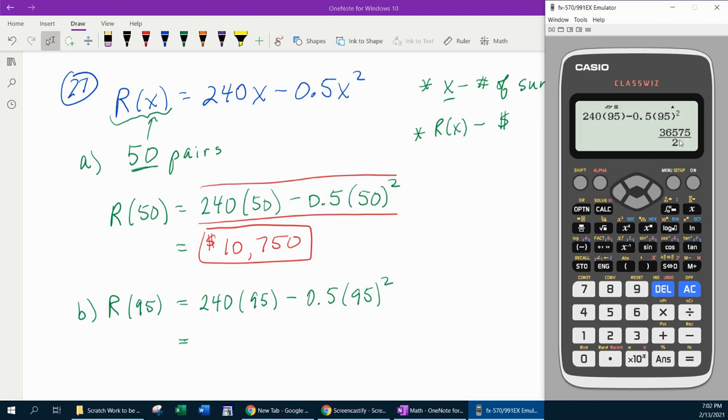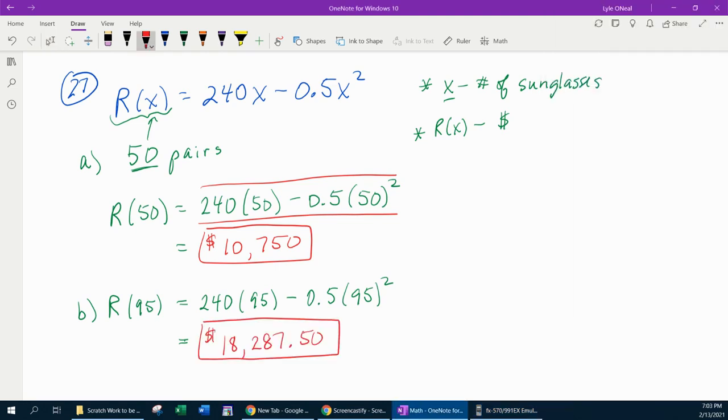Now on my calculator, remember it defaults to a fraction, so I'm going to have to hit the SD button so that I can see the dollars and cents. So for 95 pair of sunglasses, the revenue, the money I make is $18,287.50.